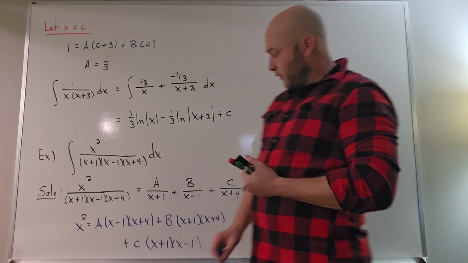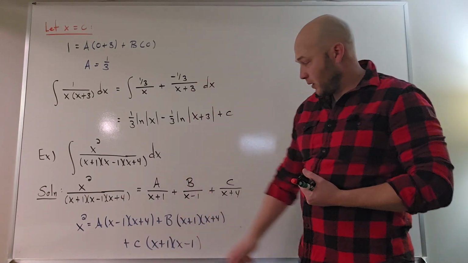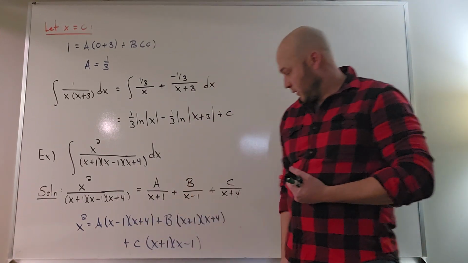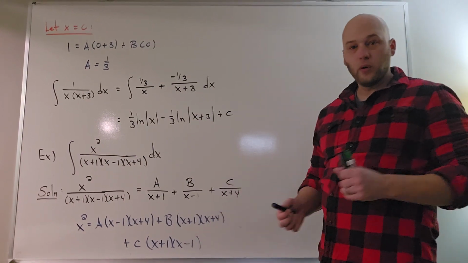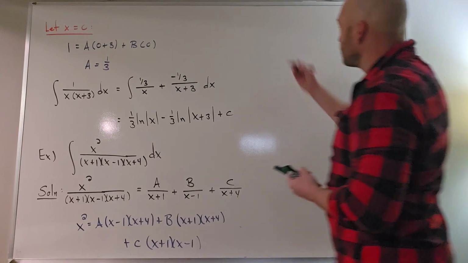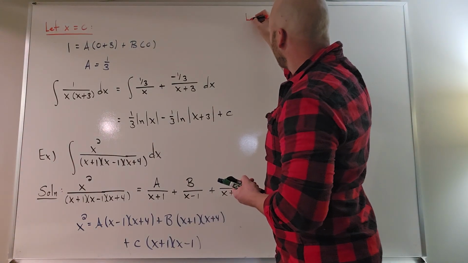You notice that the convenient choices of x in this case will be x equal to positive 1, x equal to negative 1, and x equal to negative 4. Let's go through and choose each one of those. First and foremost, let x equal 1.